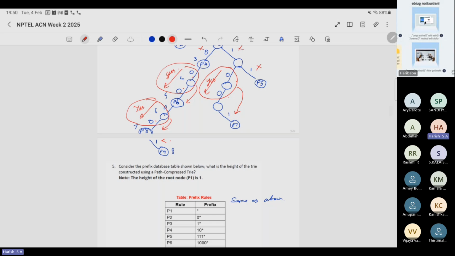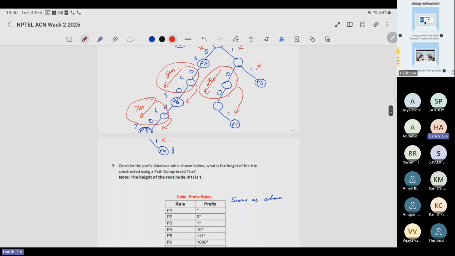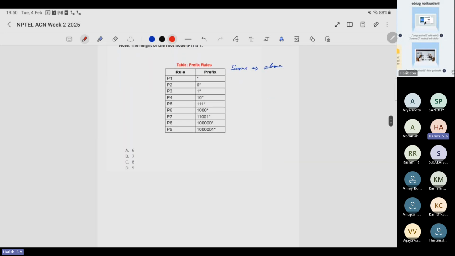Yeah, so I made a mistake here. So basically, see, for this part, you can only compress on those areas where there is a particular prefix. So here, in this case, you can basically compress this part. So what will happen? P7. So this will be abstracted into P7 basically. So this is what the final trie would look like.